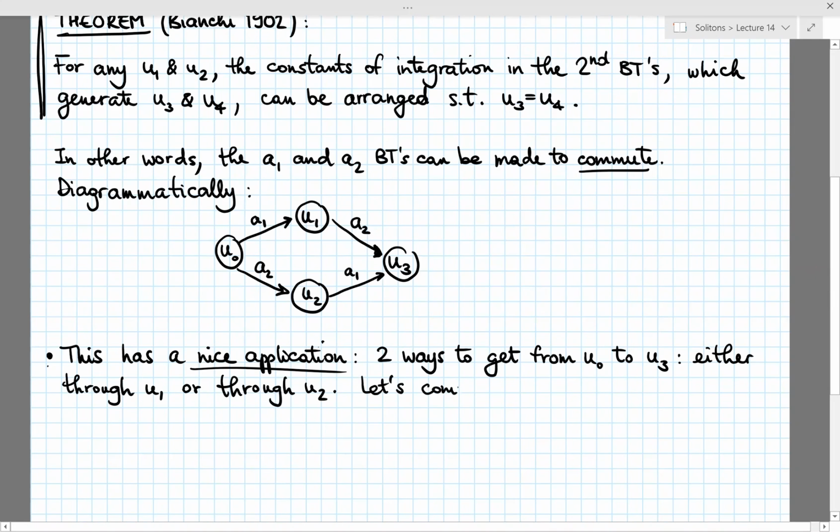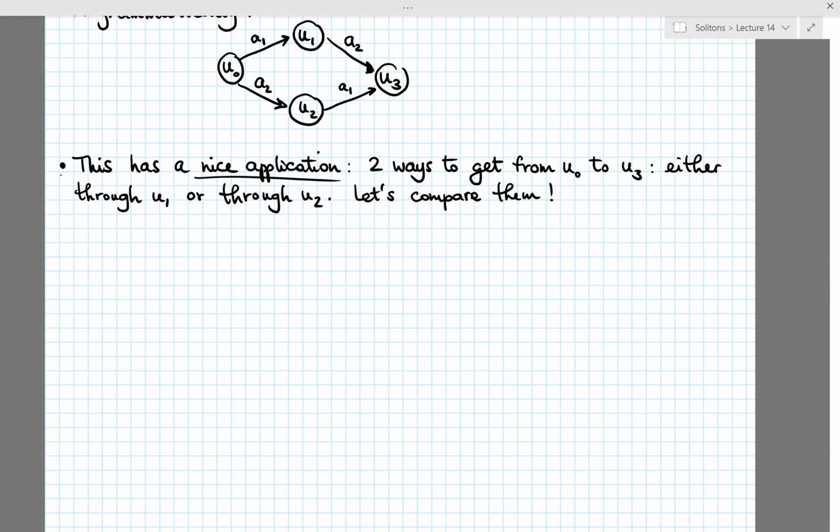So next, let's compare these two ways of getting from U0 to U3. So let's start by considering the part of the Backlund transform that involves the x plus derivative.